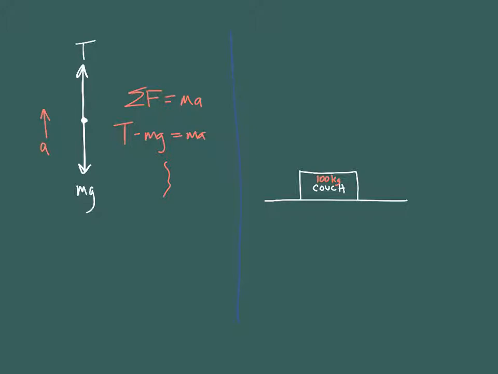You move it at constant velocity, meaning change in velocity is 0, which means acceleration is 0. So it's at a speed, but it's a constant speed. The acceleration is 0 in this case, even though it's moving.